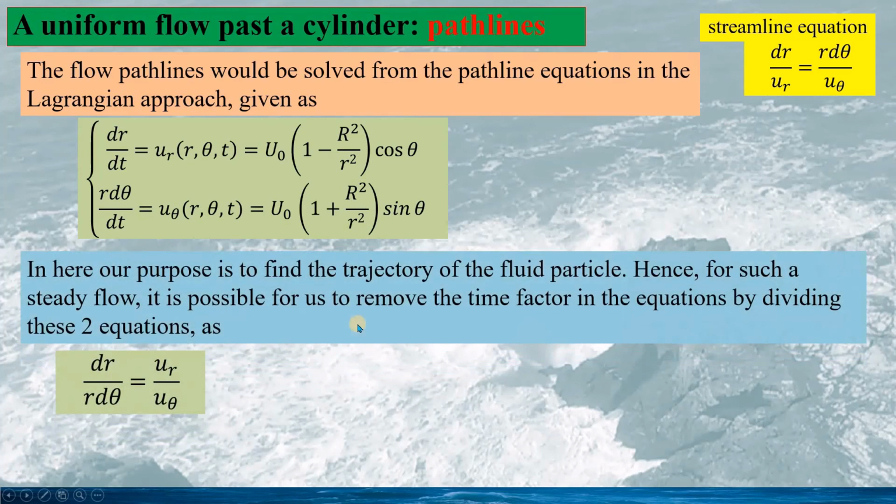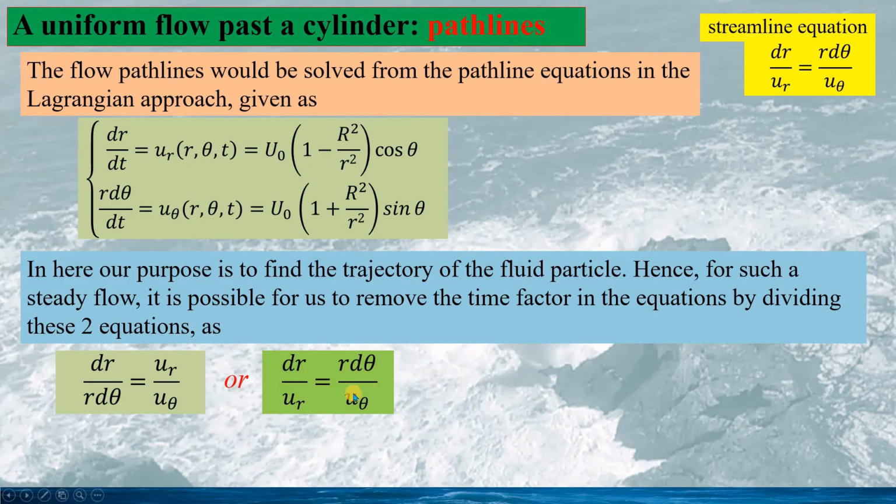However, since our purpose is to find the trajectory of the fluid particle, thus for such a steady flow, it is possible for us to remove the time factor in the equation. We can do this by dividing the first equation with the second equation. So we have the expression as this. So this is the different form of the Pathline equation.